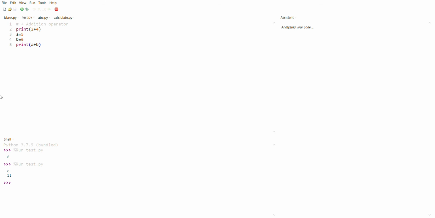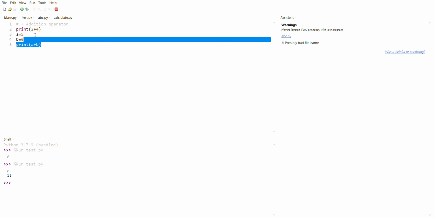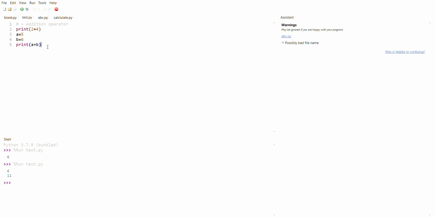Now run. Let's see. The first answer is of print 2 plus 4, so it's giving 6. And the second answer is A plus B. A is 5 and B is 6, so 5 plus 6 is equal to 11, and it gives the answer 11.